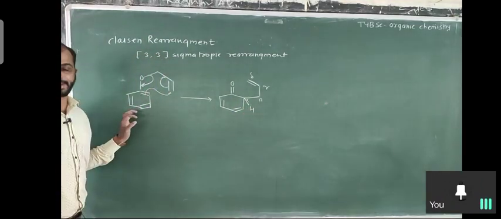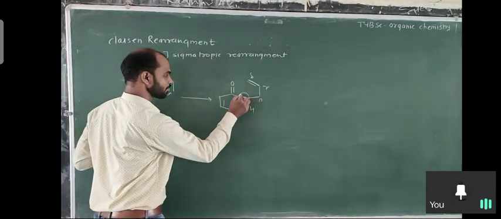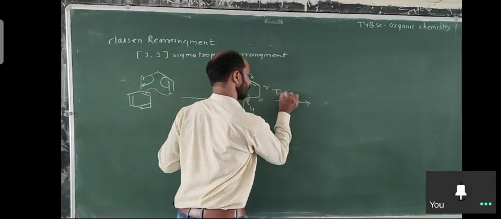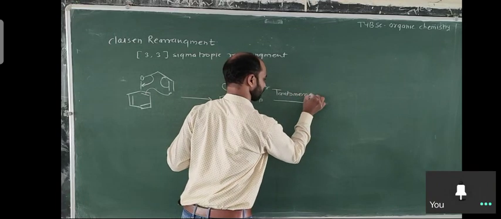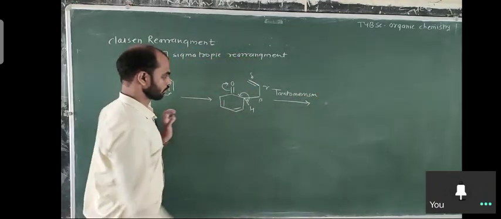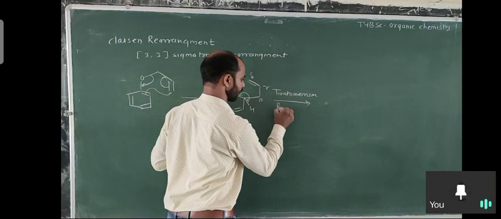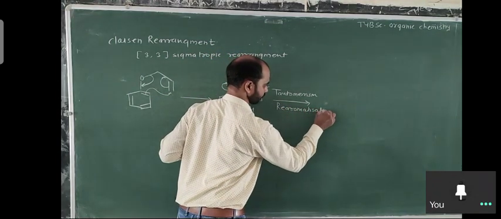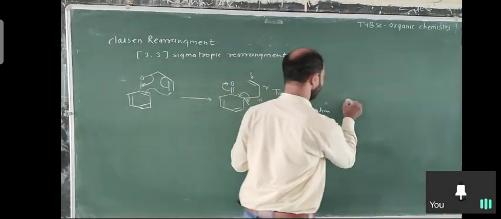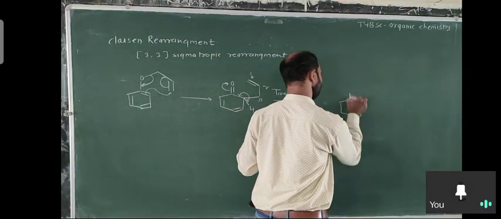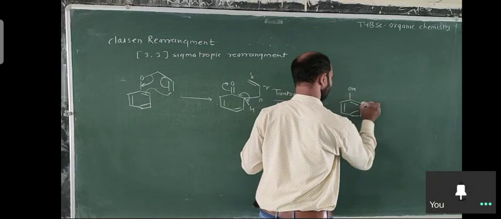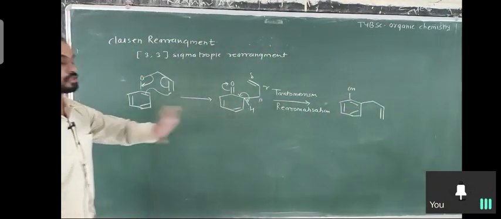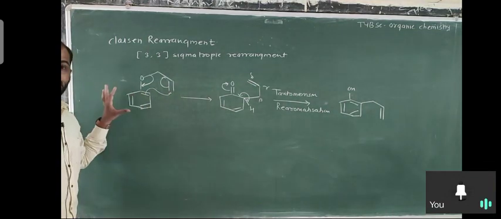In case of aromatic, here is the hydrogen, it shows tautomerism, so re-aromatization. And what forms here, formation of hydroxy group. So ketone is not a product in case of aromatic substituent.